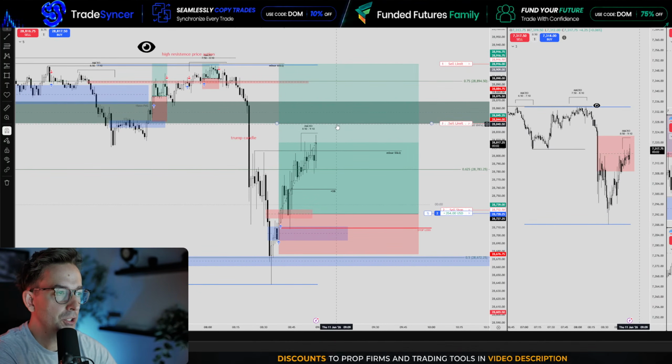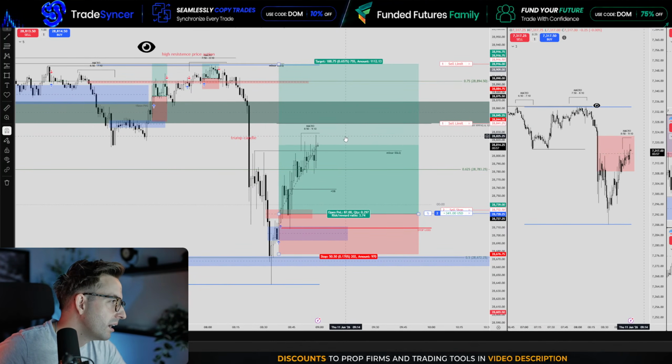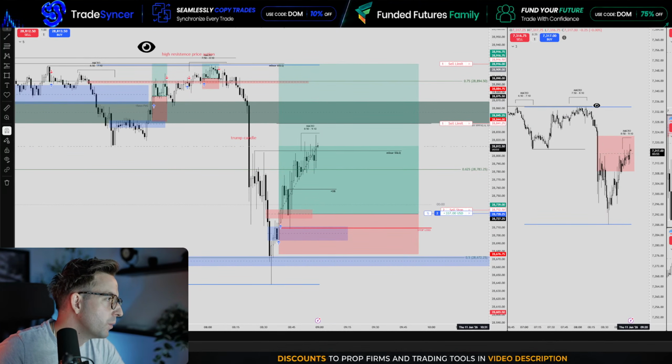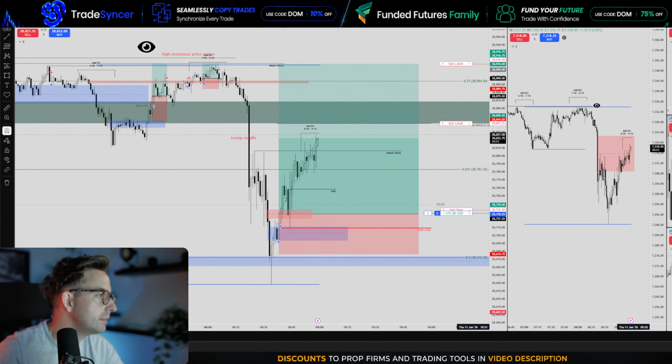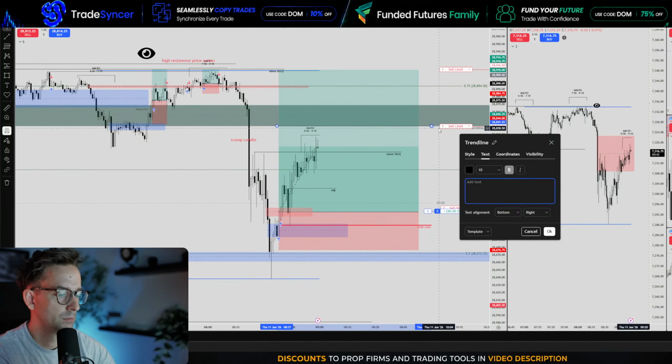Nice little push here. We should hit the bottom of this first presentation fair value. I just wouldn't see why. We're a couple of pips away from, or ticks, sorry, from first partial. A partial one, for me, this is going to be 50%, unfortunately.